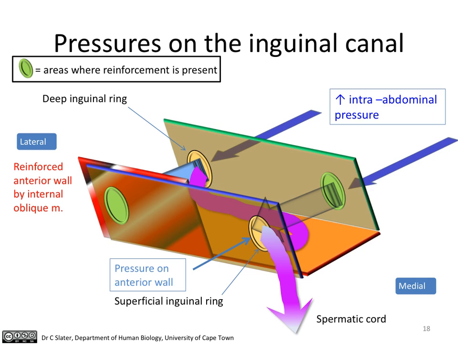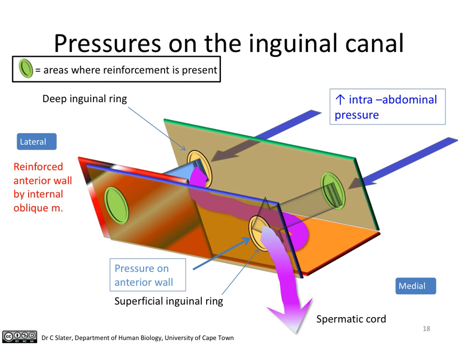Now on the medial side, the same principles apply, but the arrangement is a little different. When there is an increase in abdominal pressure, as there is on the lateral side, there will also be increased pressure on the medial side. You will remember that the posterior wall is made up in its entire length by the transversalis fascia, and this is a very weak structure.